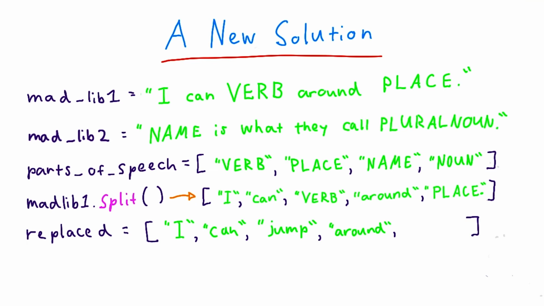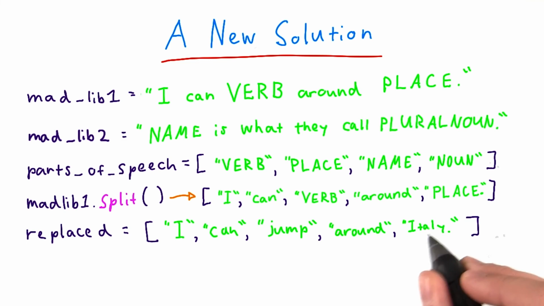Now, we'll need to replace just the word place with the user input, so we keep the period, and then add the replacement word with the period to the list replaced. So let's say I put in Italy for place. Replaced will now have Italy with the period at the end of it, as the last element of the list. And there we go. Now we have a list with replacement words.